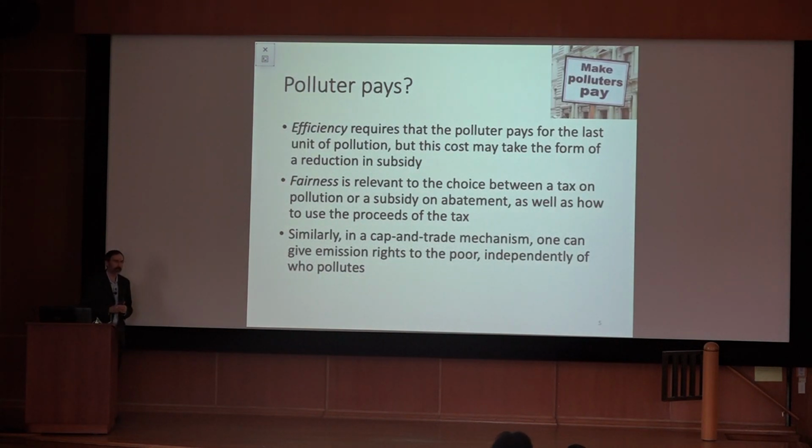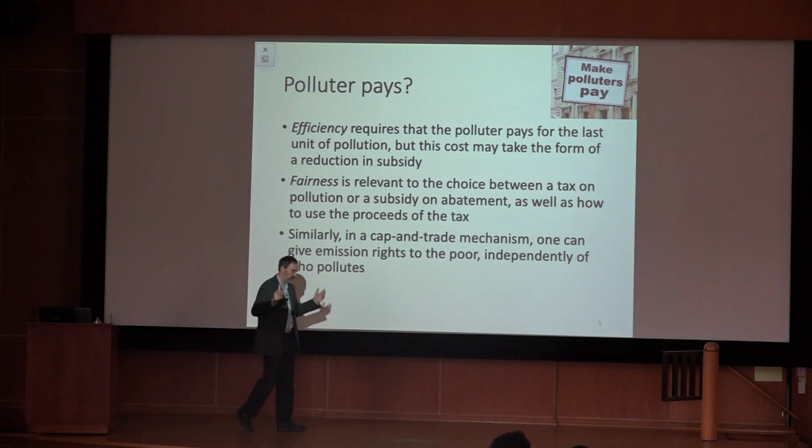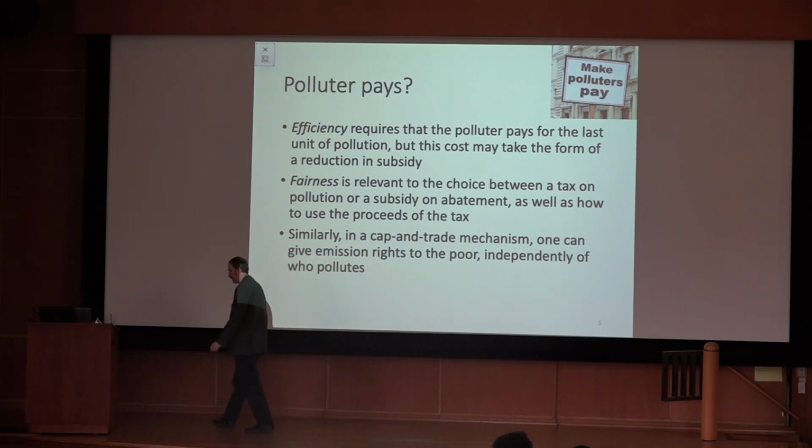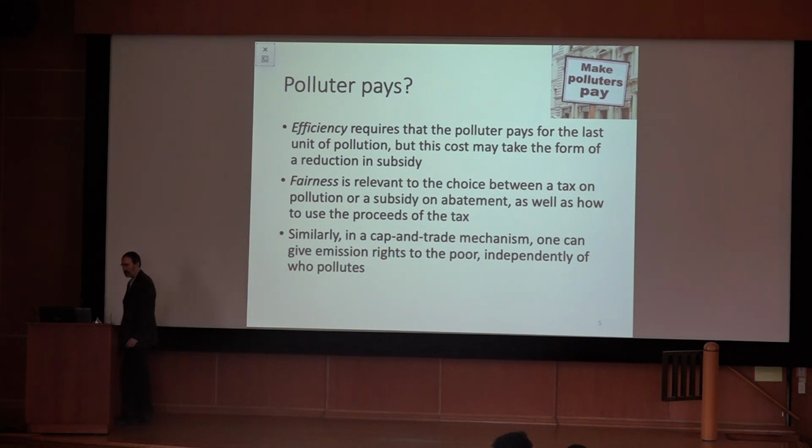Another issue that I want to briefly mention is the polluter pays principle. It's very natural, and it actually comes from the OECD, so it's a kind of mainstream idea. The idea is that the polluter should pay, because the polluter is the guilty party here. In fact, what the analysis tells you is that efficiency, if you want to go to the optimum, requires that the polluter pays for the last unit of pollution, right?